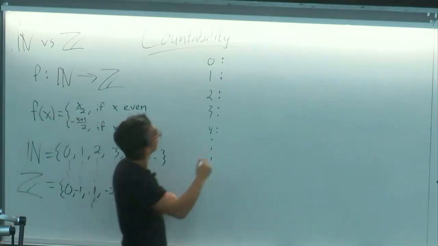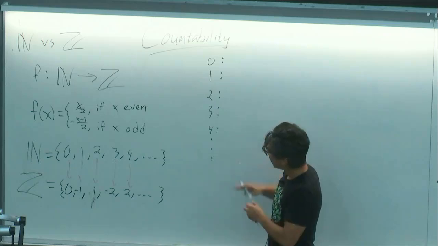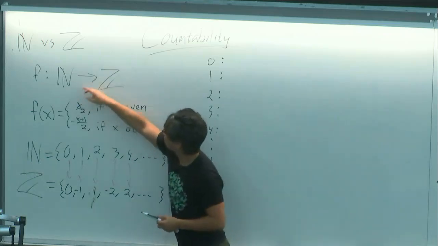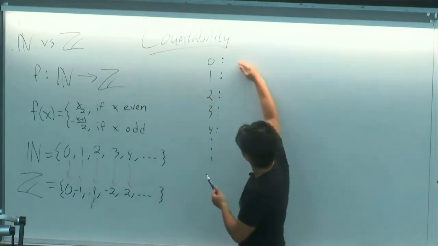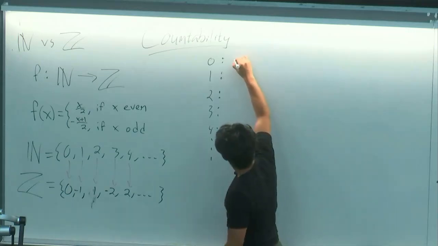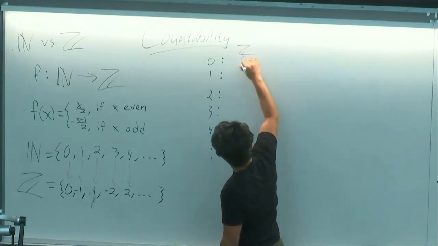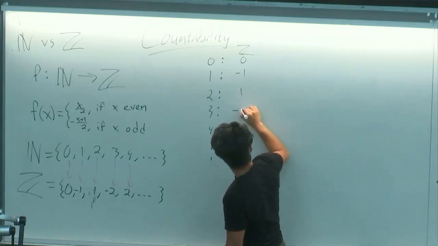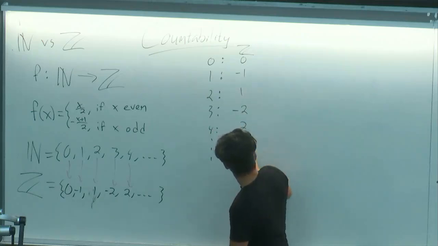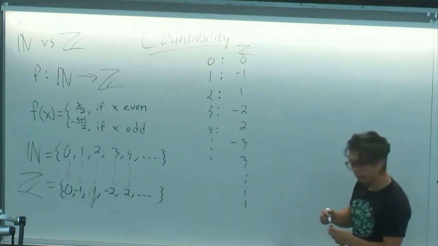So this is what it means to be countable. If you can map the natural numbers to something, you can enumerate them. So here is Z. It's 0, negative 1, 1, negative 2, 2, negative 3, 3, and so on.